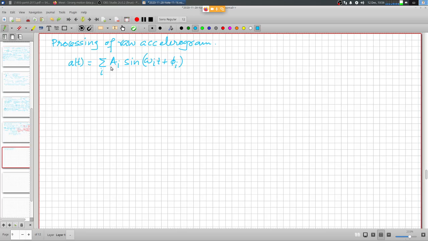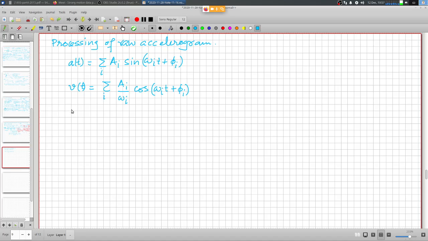Just as an illustration, what is the corresponding velocity signal? The corresponding velocity signal would be a cosine term with a scaling factor of 1 over omega i. So every frequency component is scaled down by the frequency omega i.